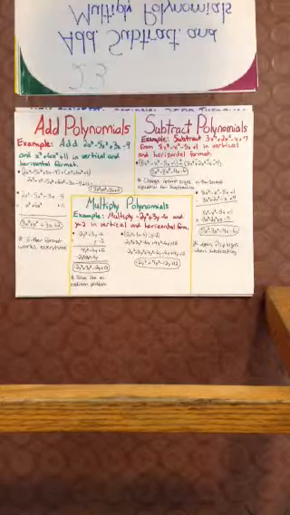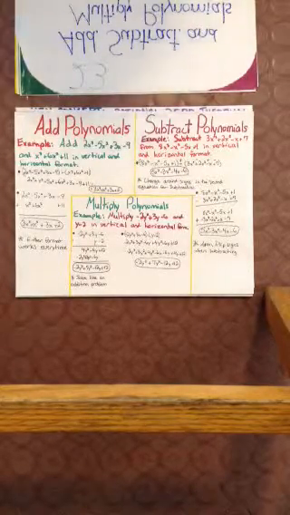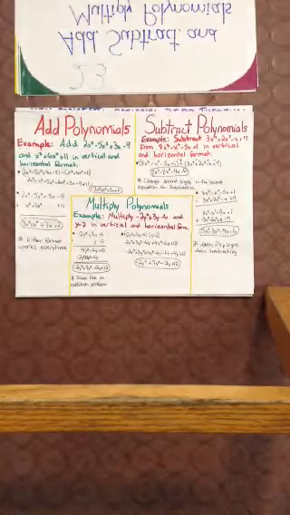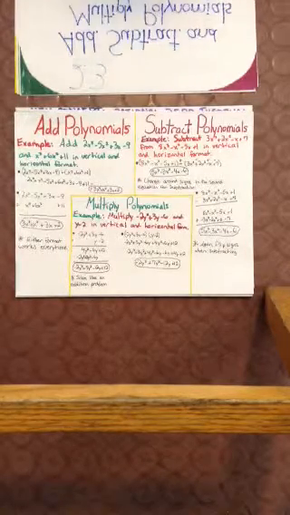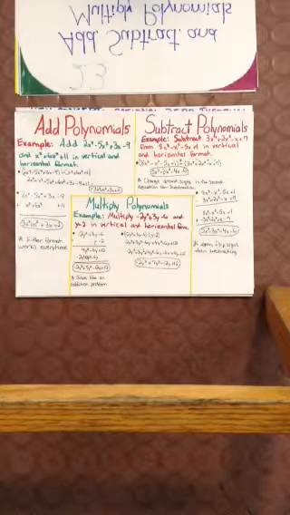So for this equation, you have a large polynomial minus a smaller polynomial. To subtract it, you would change the sign in the middle of the two polynomials to a plus, and then change all of the signs in the second polynomial from plus to minus and minus to plus. And basically you're just adding from there.